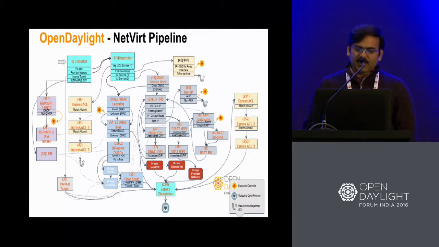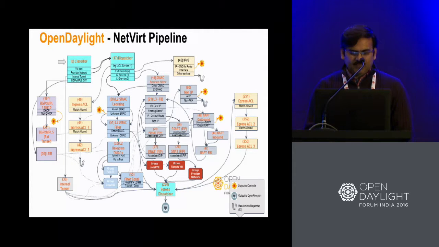But currently in our last release, Netvirt was the only candidate using the Genius services, and here you can see within Netvirt itself there are several different services that are actually working together on the Genius platform. The different colors define one particular service, and this dispatcher is delivering packets to different services.